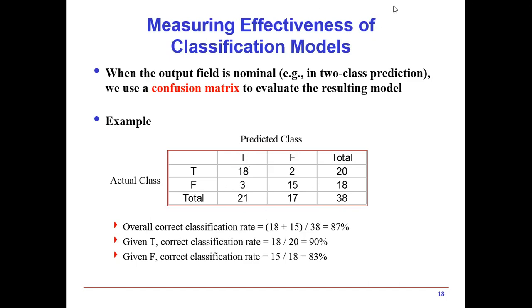So the overall correct classification rate: if you want to classify true and the result is true, that is a true classification. If you want to classify false and it is classified false, that is also correct. But there is a possibility of misclassification. Suppose you want to classify as true, but it gives you a result of false; this is a misclassification.